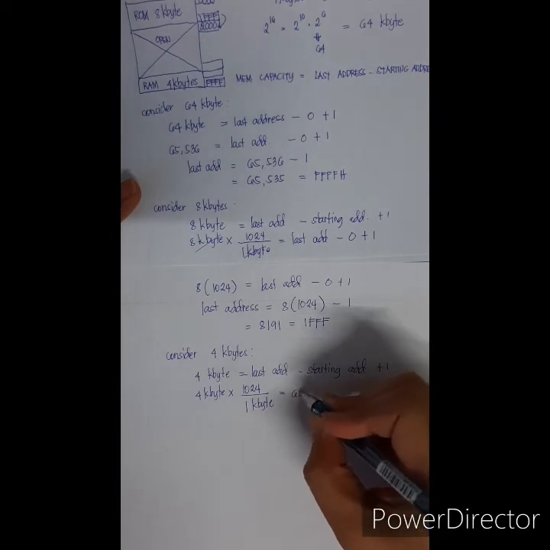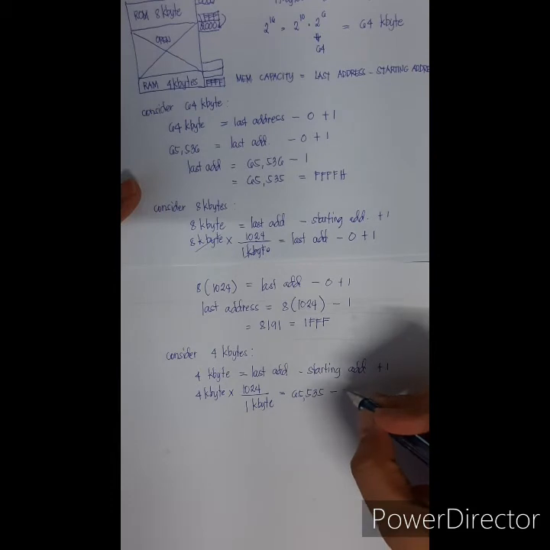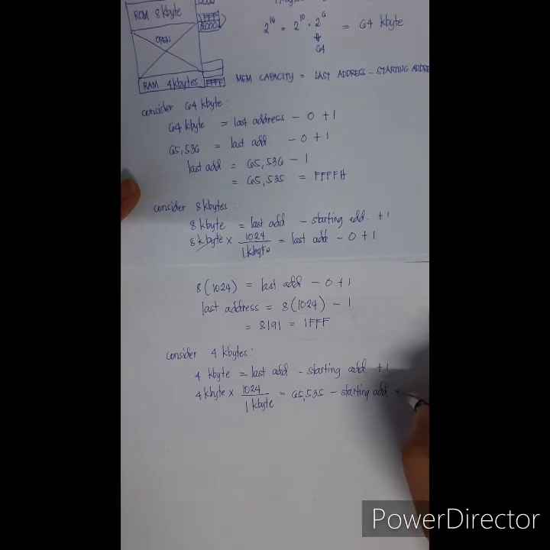So, 65535 minus the starting address plus 1.